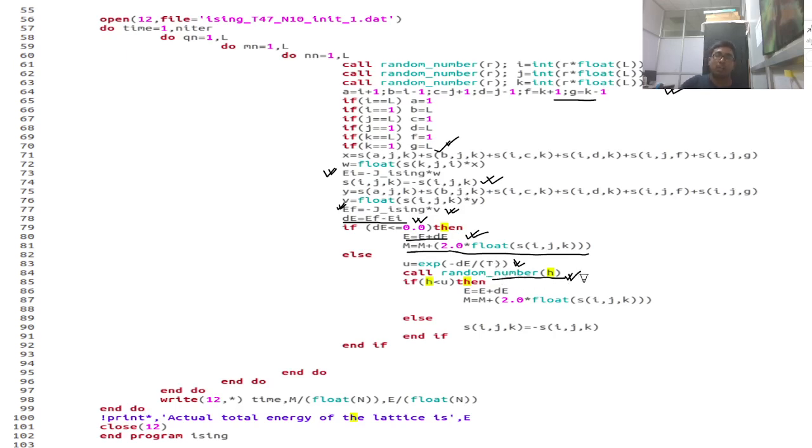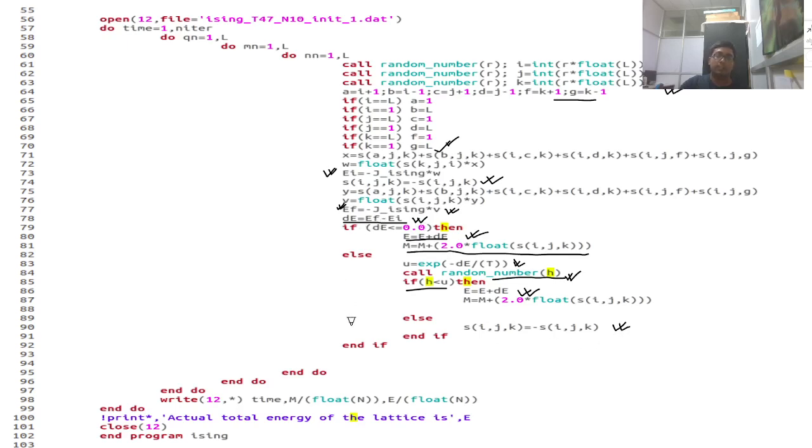Then I am calling a random number, and if H is less than U, then I am going to take the energy change into account, as well as calculate the total magnetic moment as before. Otherwise, I will again flip the spin, so that will give us the previous configuration back, right?